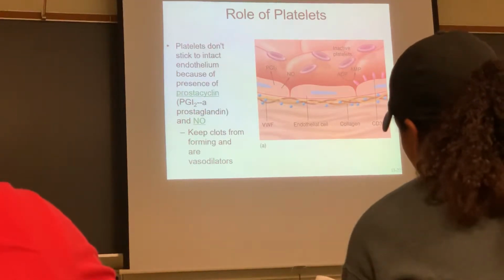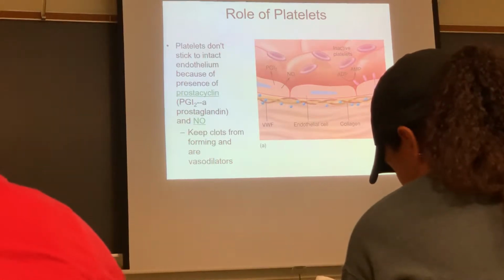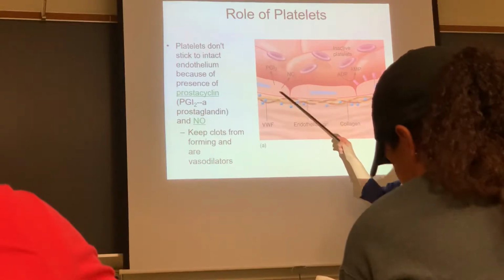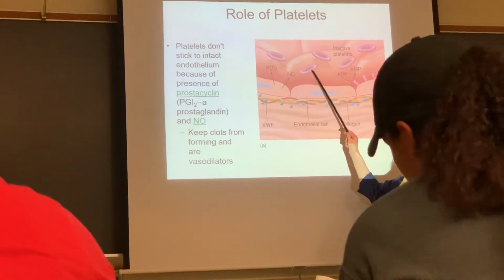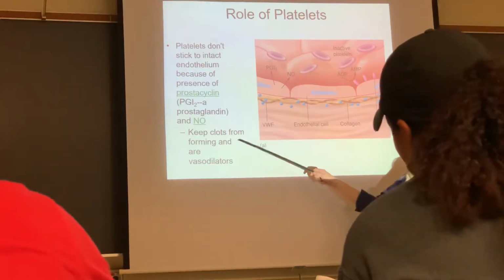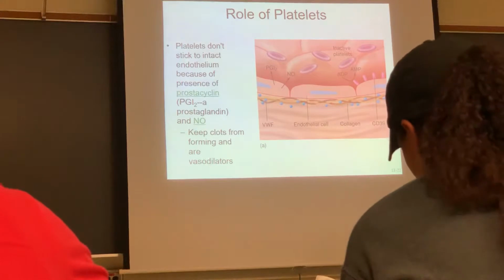So prostacyclin and nitric oxide are released from the endothelial cells to prevent the platelets from sticking to them. So it keeps clots from forming, and again, nitric oxide is a potent vasodilator.